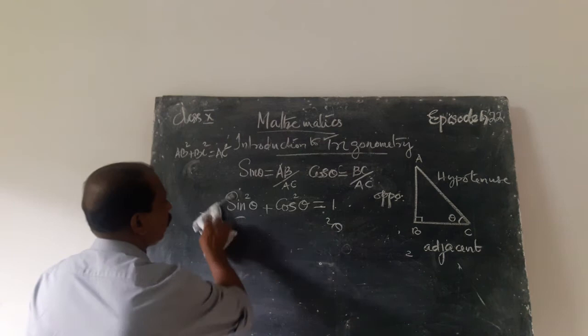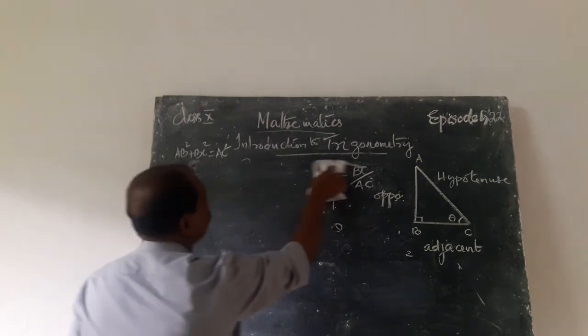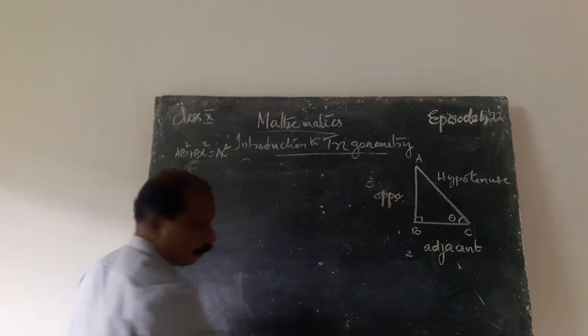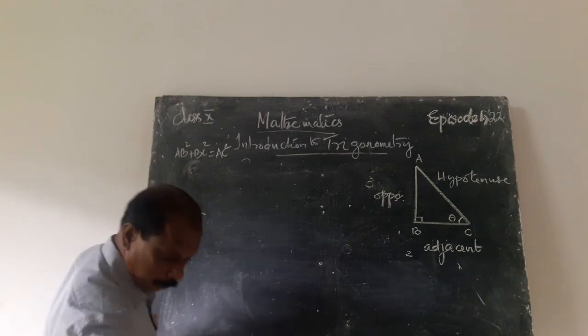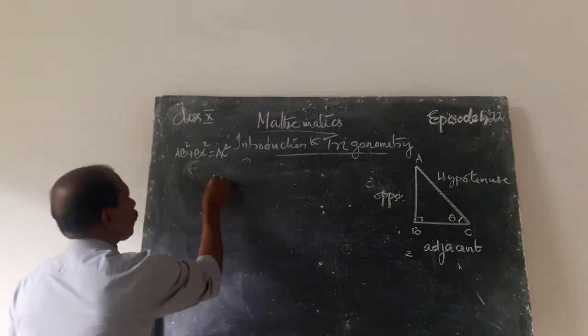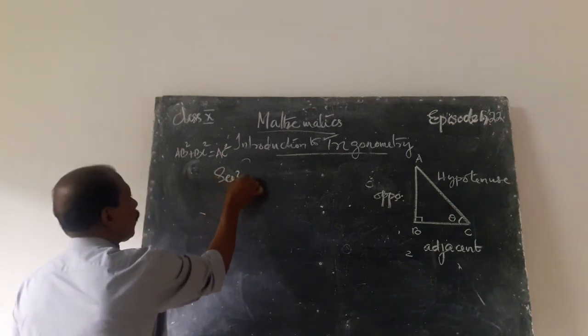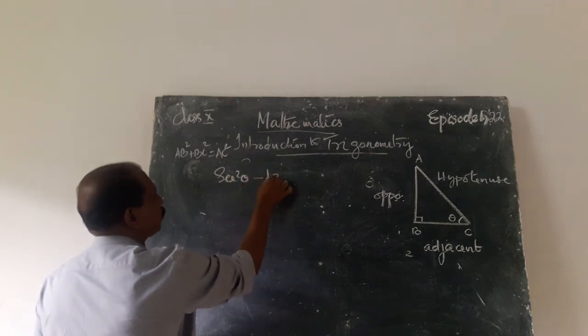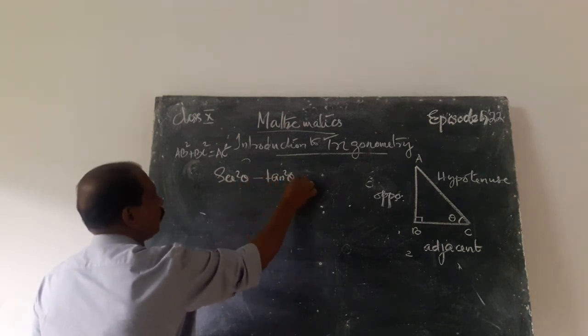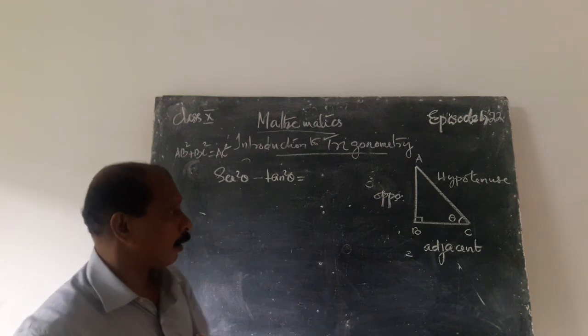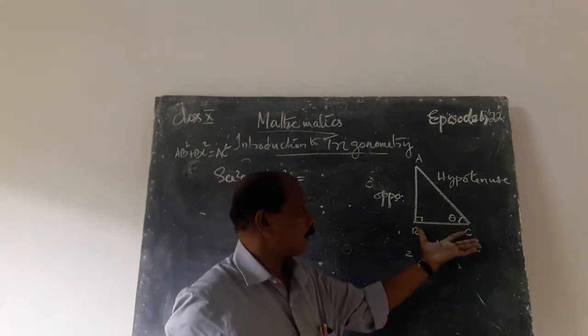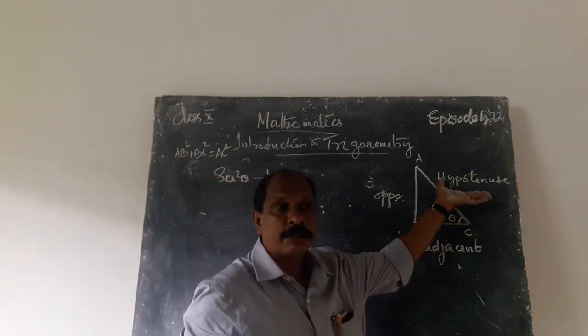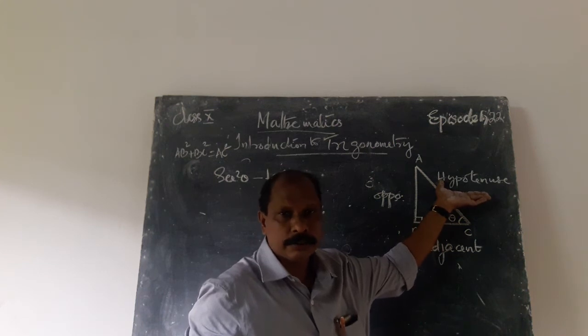Similarly, sec square theta minus tan square theta is equal to, what is sec theta? Adjacent side by hypotenuse, that is a reciprocal of cos.